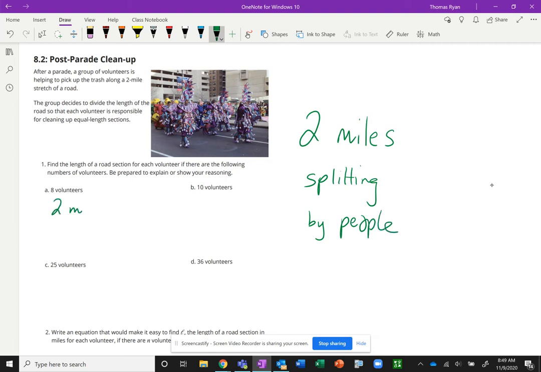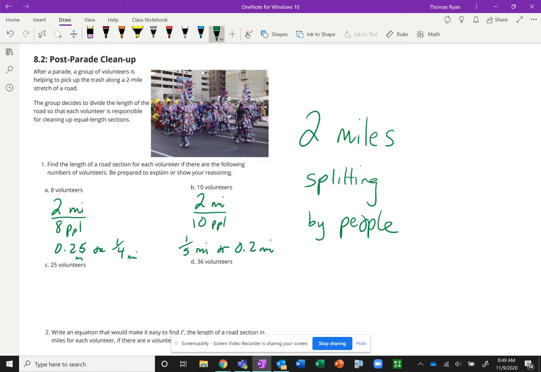We've got 2 miles divided by 8 people. 2 divided by 8 is 1/4, or 0.25 of a mile that each person is going to cover. What if we have 10 people? Same thing. We still only have 2 miles divided by 10 people. So 2 divided by 10 gives us 1/5 of a mile, or 0.2.